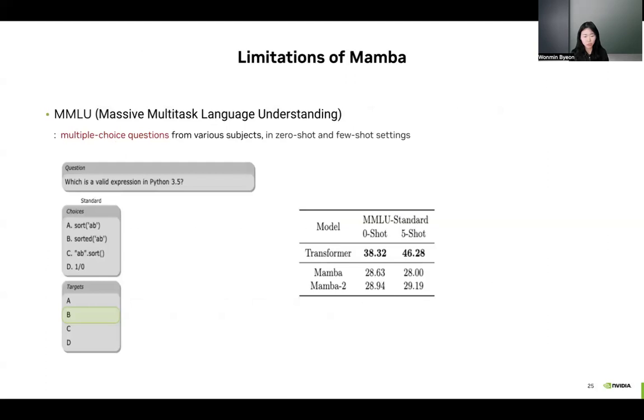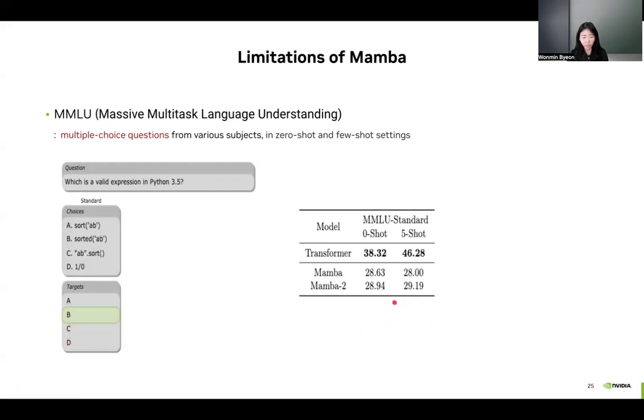So MMLU is basically multiple choice questions from different subjects in zero-shot and few-shot settings. Basically it gives questions like this, and then it has choices with the alphabet A, B, C, D with the answers, and then it provides the targets, so the model can select one of these from the targets.